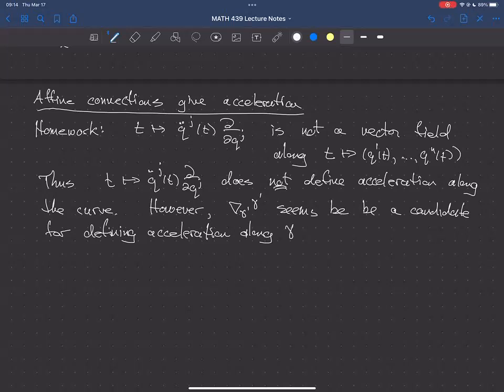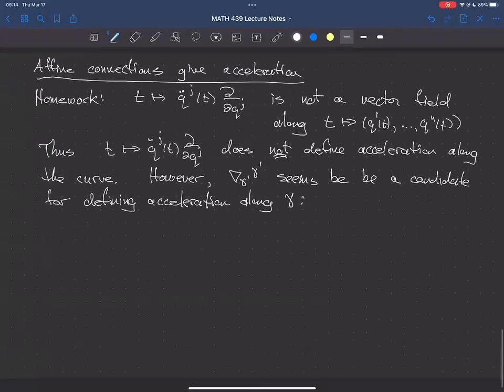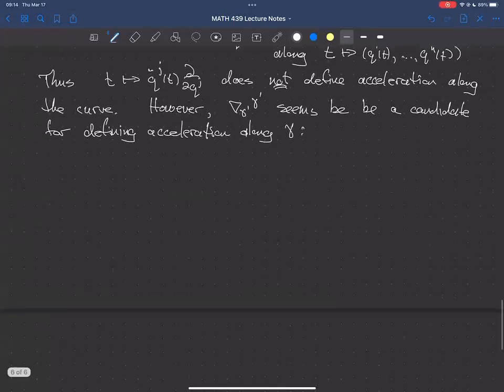The reason, just sort of stupidly, is that it has double dots in it.